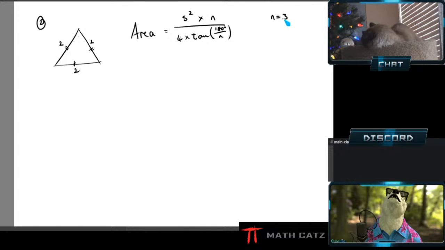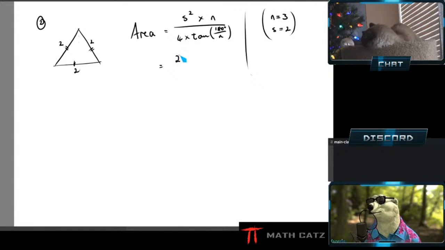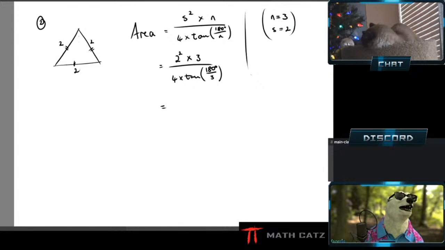In this case, n is 3 and s is 2. That's given. So let's plug them in. Side length 2 squared times number of sides of the triangle 3. 4 is always a 4. Tan of 180 degrees over 3. N is 3. Let's plug it in. Practice your calculator stuff.